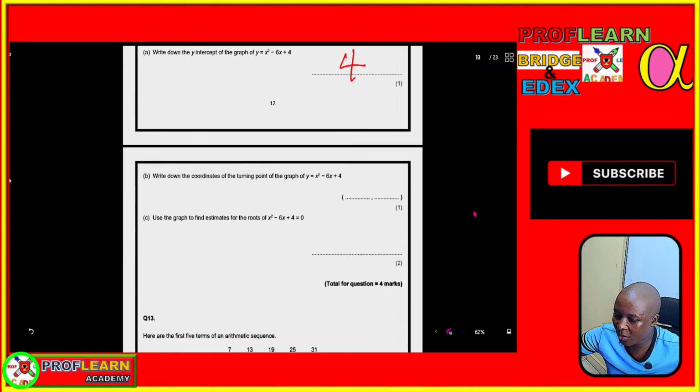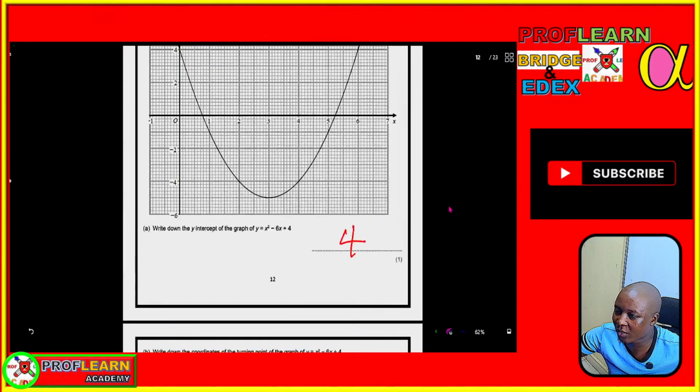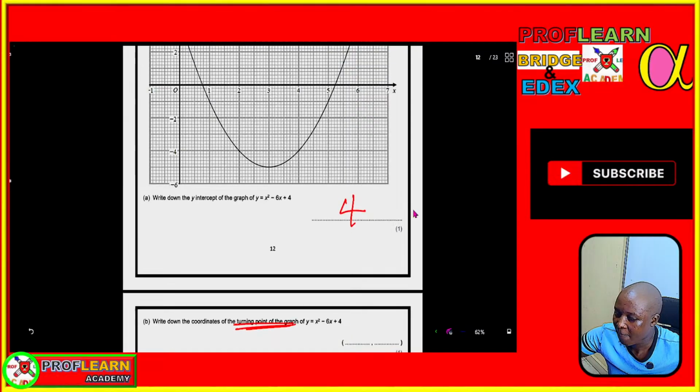We need to also write down the coordinate of the turning point of this graph. What's the coordinate of the turning point? I would like to have Samuel. Yeah, Samuel has said (0, 4). Yes, (0, 4) is going to be condoned, but you are asked the intercept.